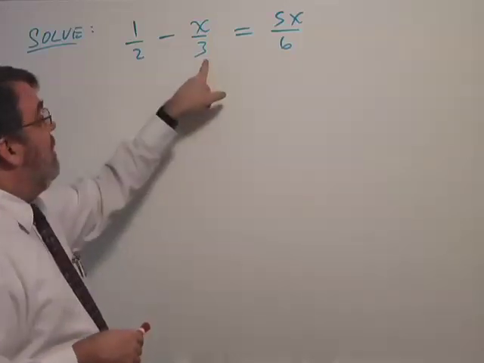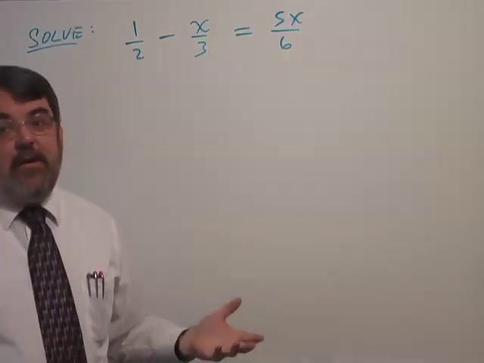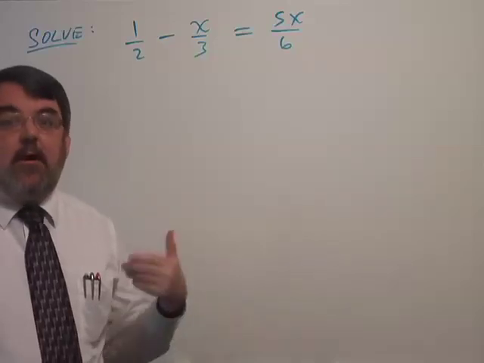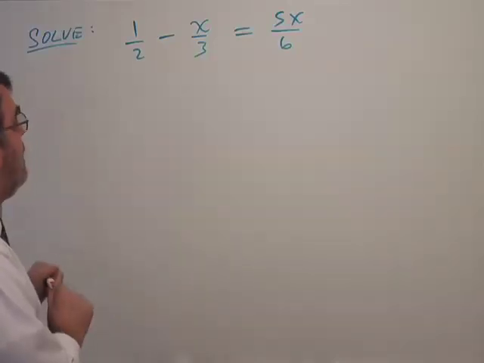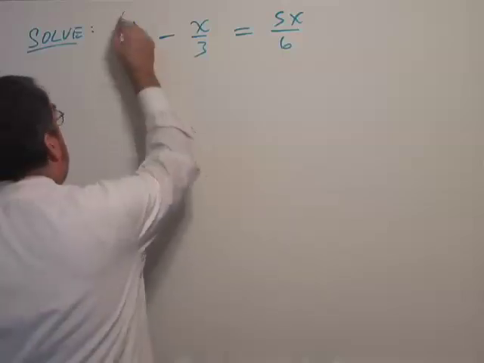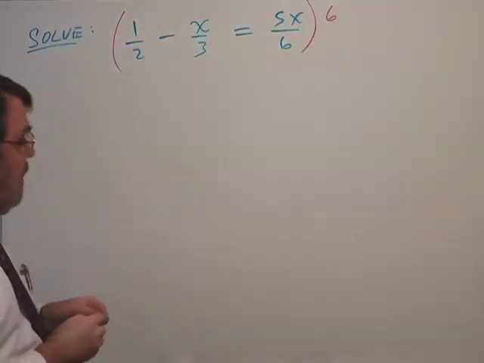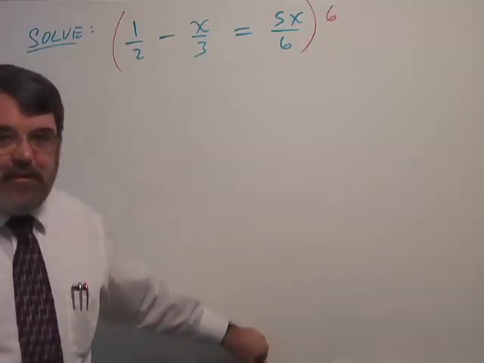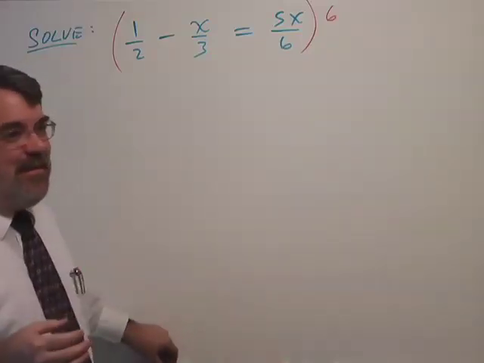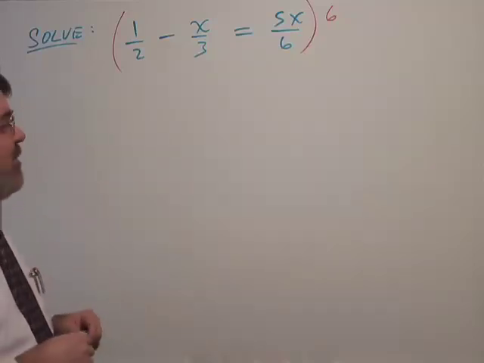And between 2, 3, and 6, our common denominator would be 6. That would be our least common denominator. So I'm going to multiply everything by 6. And by that I mean I'm multiplying the numerators by 6. I'm not multiplying the denominators by 6, only the numerators.